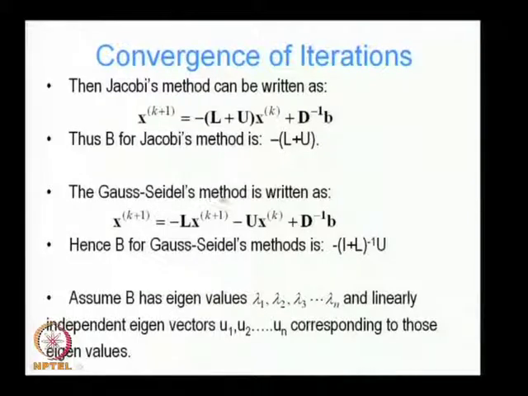The Gauss-Seidel method can be written as x^(k+1) is equal to minus L x^(k+1) minus U x^k plus D inverse of b. All the terms which are below the principal diagonal get scaled by L, the terms above the principal diagonal get scaled by U, but these involve the values from the previous iteration, while these have already been found from the new iteration.